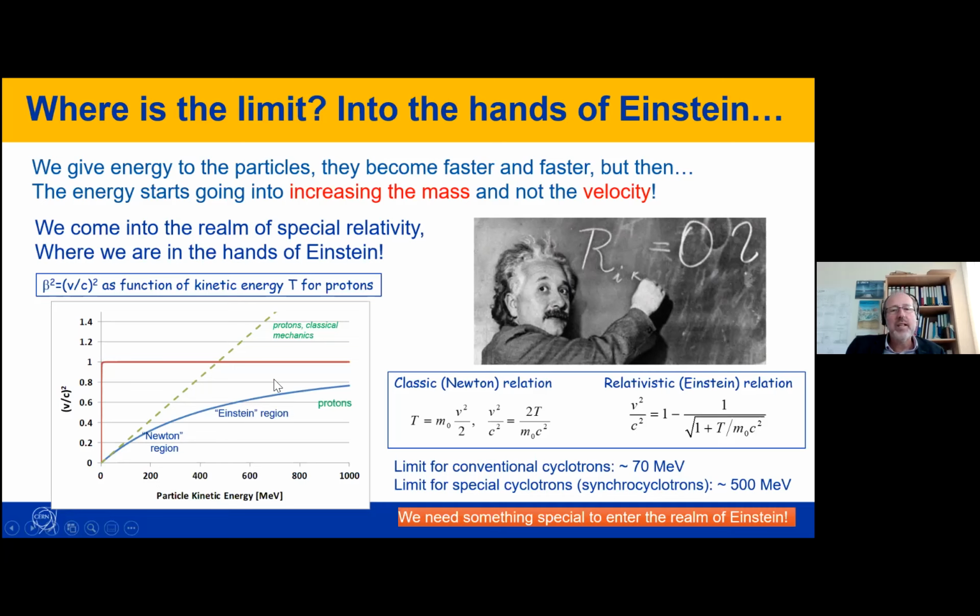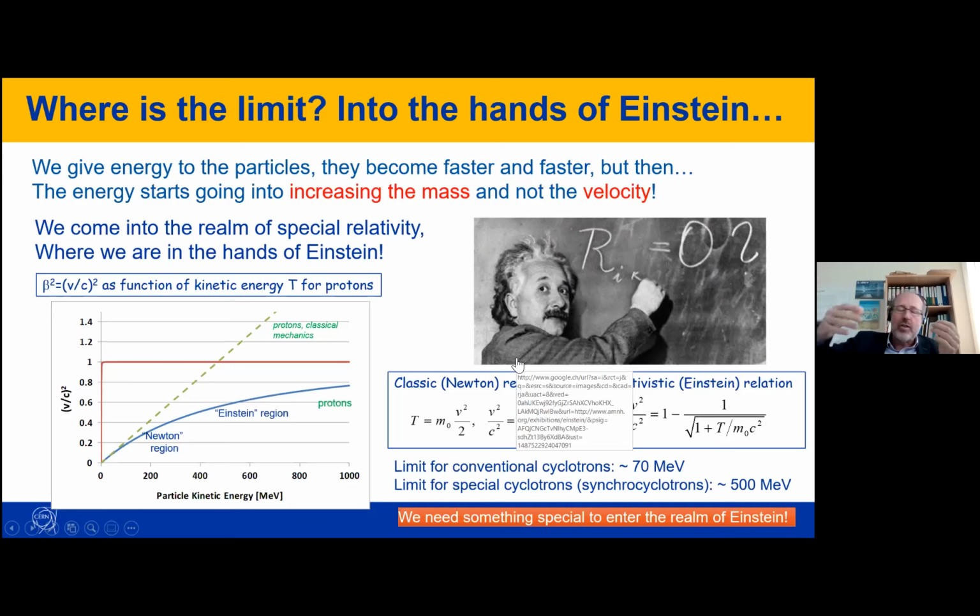So what happens is that when you keep giving energy to the particles, at a certain moment it is not the velocity that is increased, it's the mass. The particle becomes heavier and heavier. The energy of the particle is still higher and higher, but the velocity increases very slowly, and only at very, very high energies do you almost reach the speed of light.